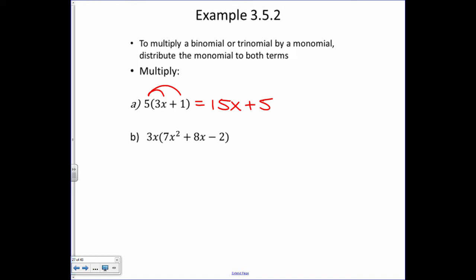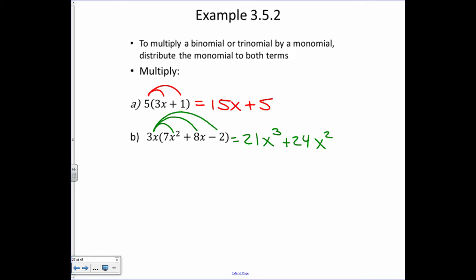We're going to do a similar thing for the second problem. 3x times 7x squared, well, 3 times 7 is 21, and x times x squared is x cubed. 3x times 8x, well, 3 times 8 is 24, and x times x is x squared.